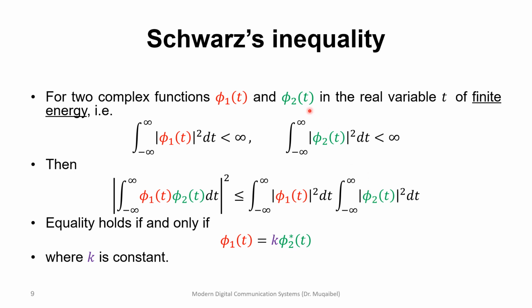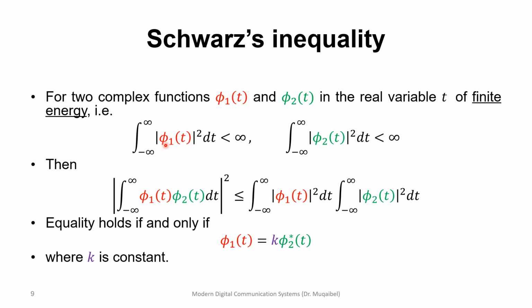Schwarz inequality says that for two complex functions, complex in general, phi 1 and phi 2, of the real variable t, if both of them have finite energy, this is a condition for the inequality to be true. Finite energy means that if you take the area under the square of the signal, you get less than infinity. And that's no problem for us in real life.